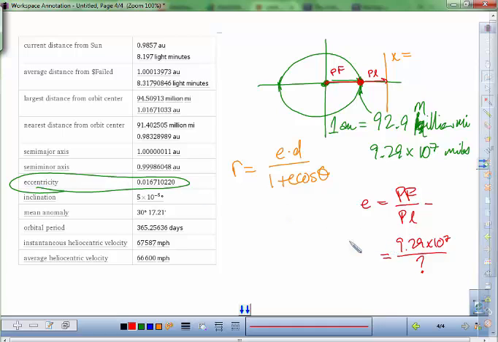And the eccentricity is 0.0167. All right, so we need to find out what the question mark is. And then after that, we have to add it to 9.29 million.